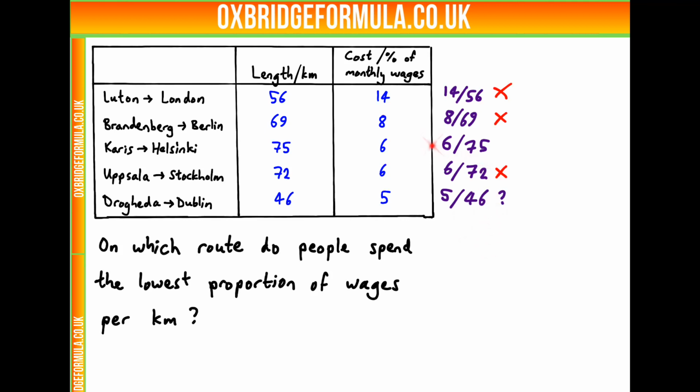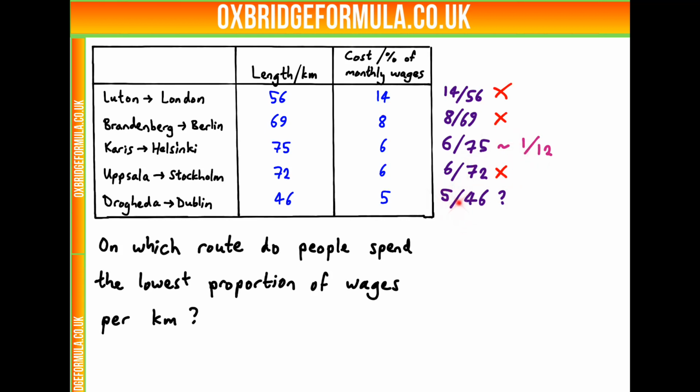Now this has a smaller numerator and a smaller denominator, so it's not quite as obvious as the last few. So let's maybe work out what these are roughly equal to in fractions that we can compare. So 6 over 75 is fairly similar to 6 over 72, which would be a 12th.